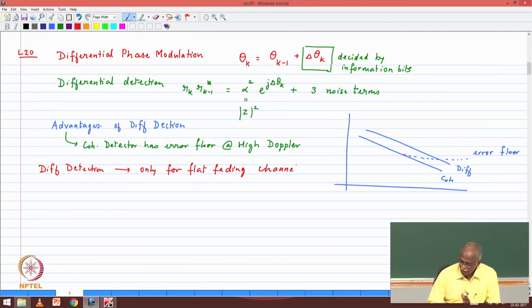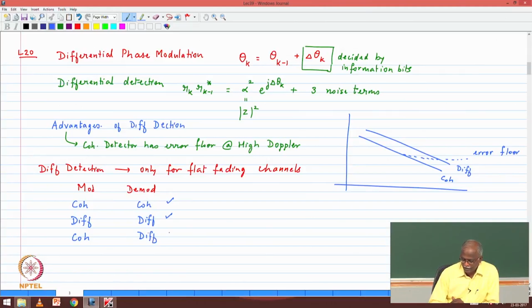So if you were to then map modulation and demodulation, if I do coherent, that's a good option. If I do differential, that's also a good option. We've also looked at coherent modulation with differential detection.